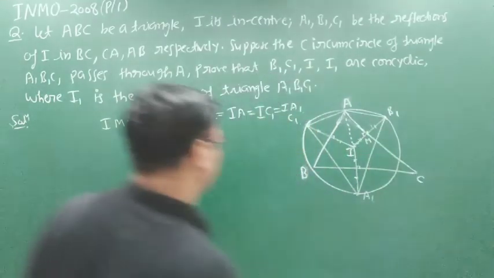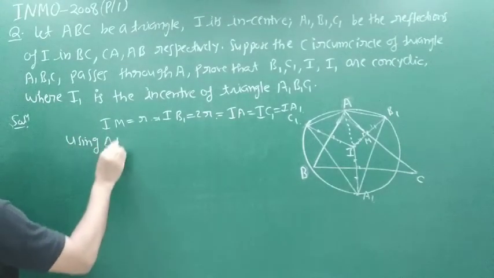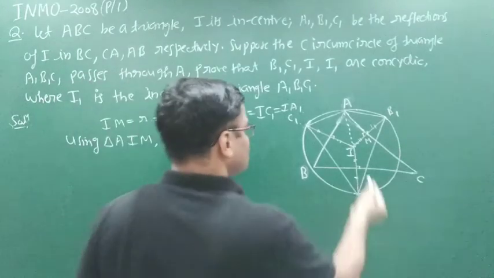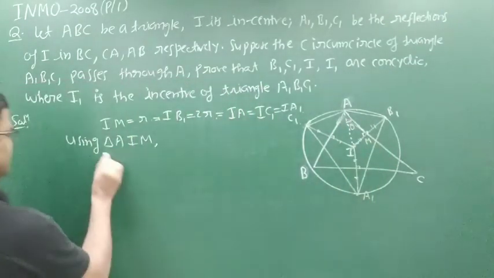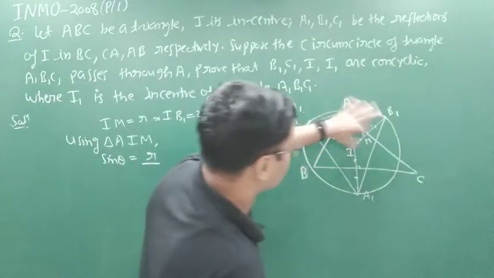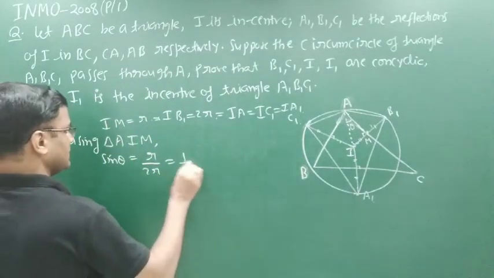Therefore, using triangle AIM, suppose this angle is theta. Sin theta is IM over hypotenuse AI, which is R over 2R. That's great.